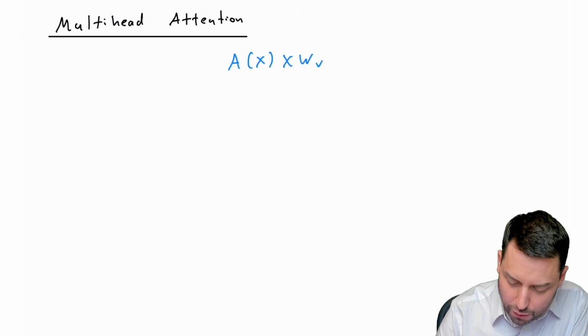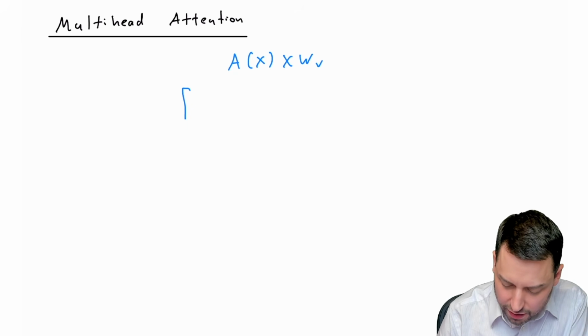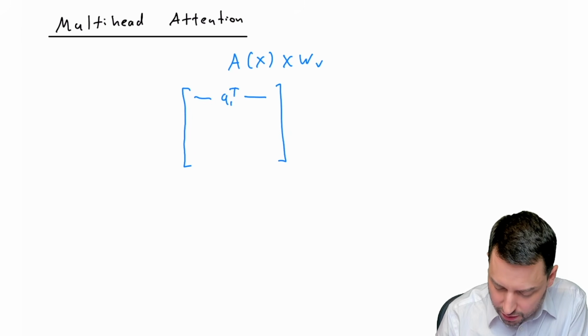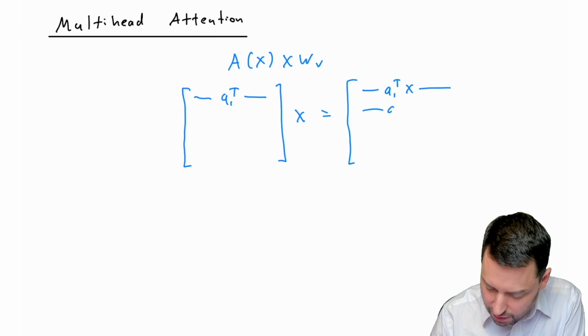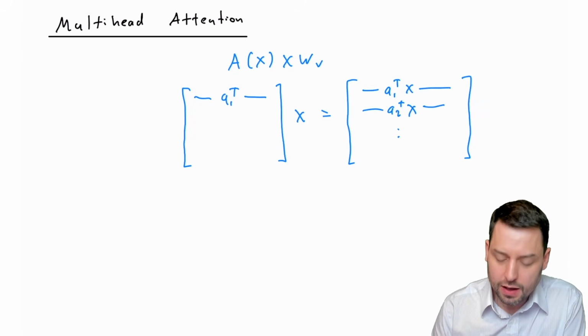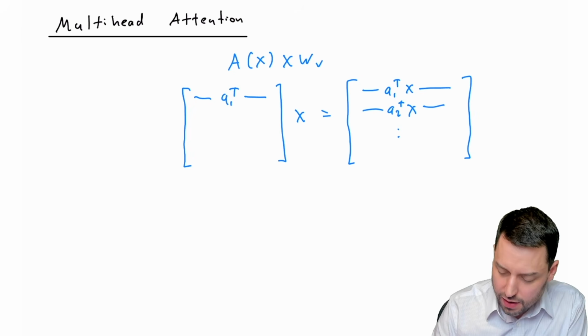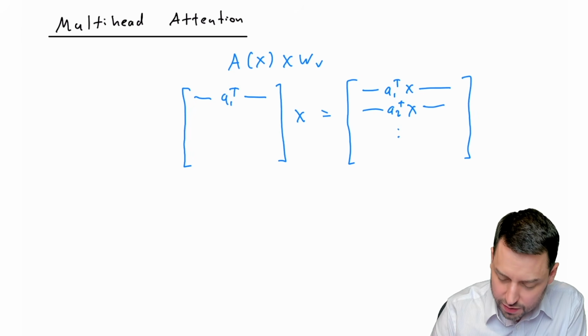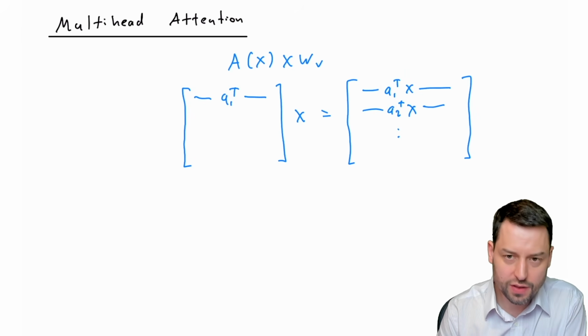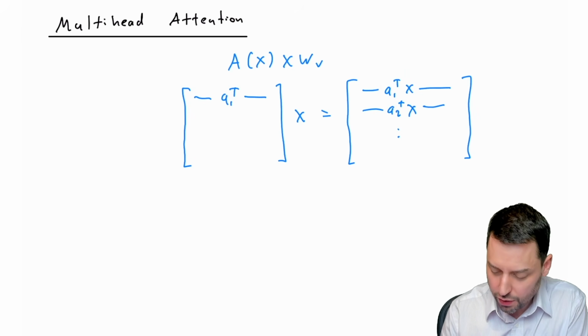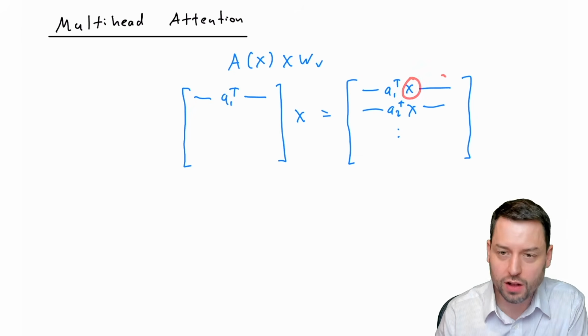And in our mixing here, A_1 transpose times X, A_2 transpose X, etc., the mixing coefficients, so the terms that mix together the rows of X, are the same for every single column of X, right?